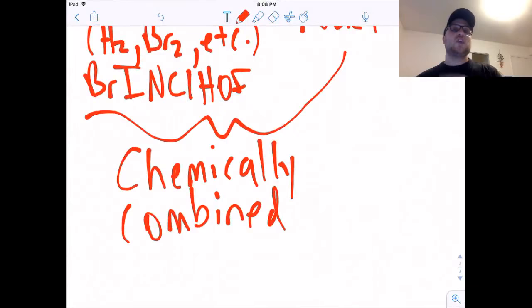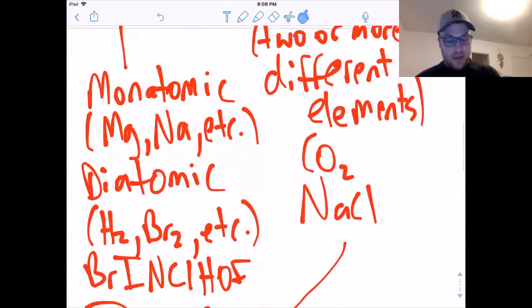You cannot break that down any further. Compounds, you can break these down, but you can only do it chemically. So you can't just filter the carbon out of CO2. You can't just distill the oxygen out of carbon dioxide. You have to chemically separate a compound.